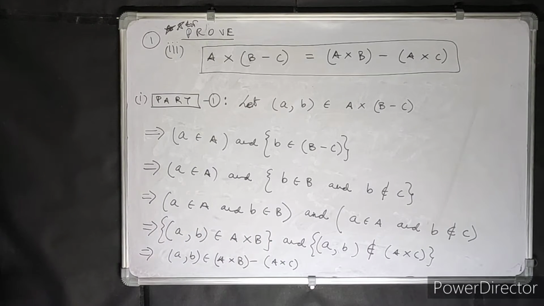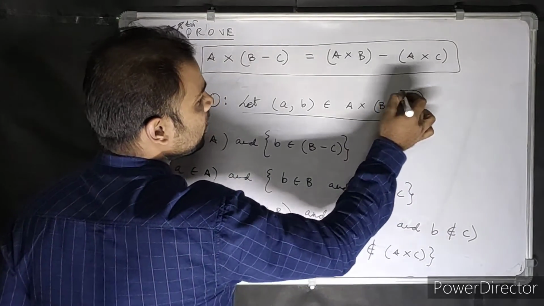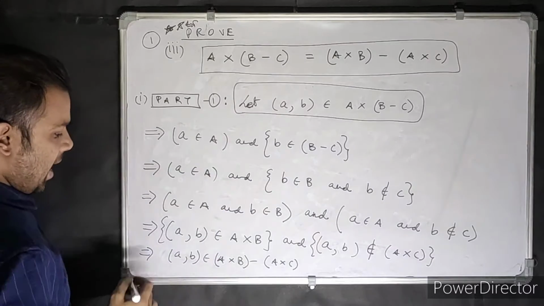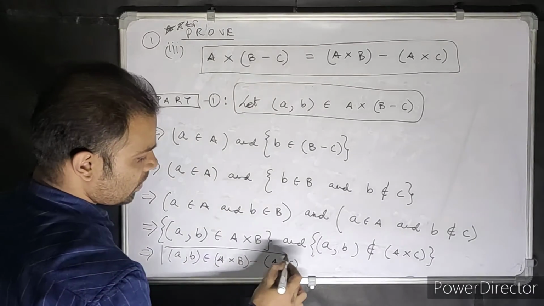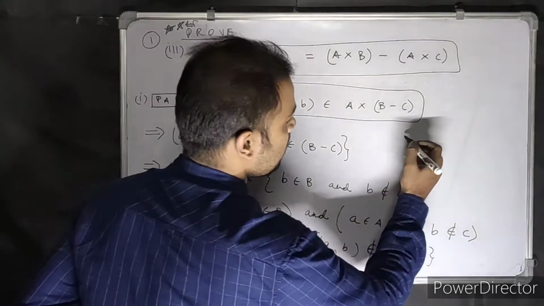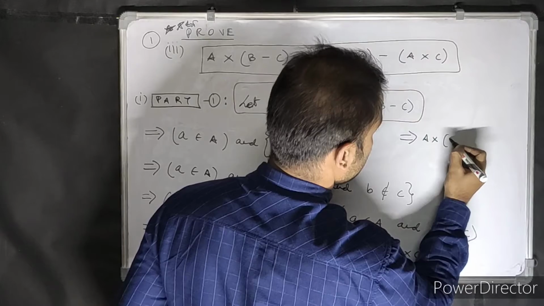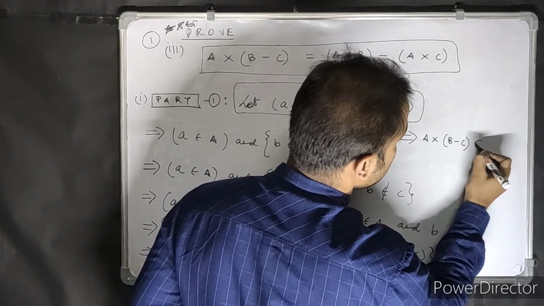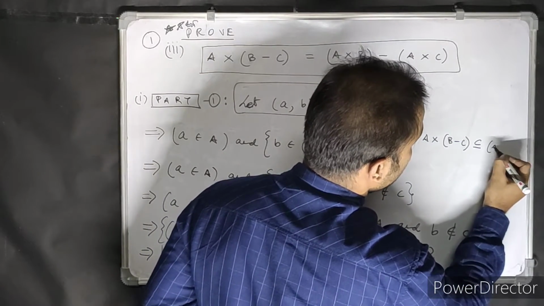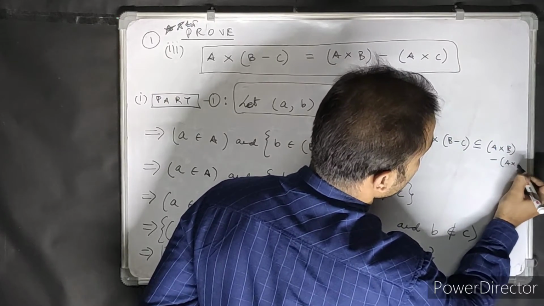You had started from here and ended here. So what is your next step? Simple: it implies A cross (B minus C) is a subset of who? A cross B minus A cross C.